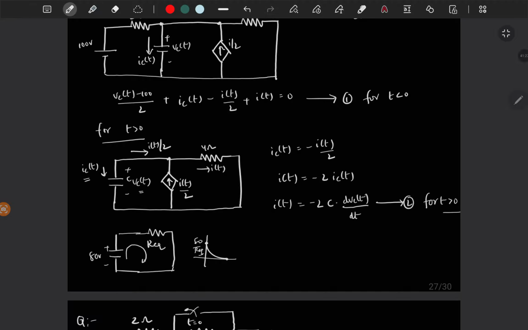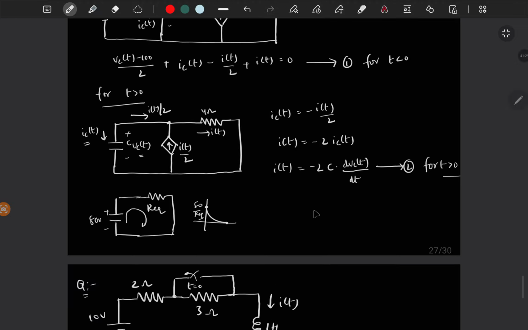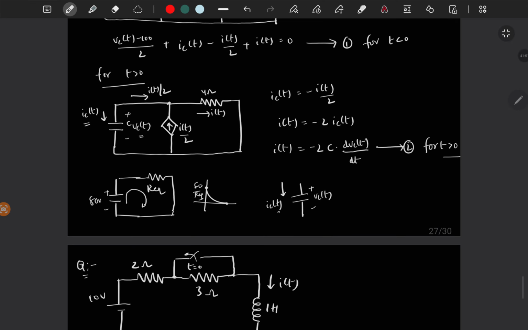So in general, if this is capacitor voltage, you have to take the capacitor current in this direction into the positive plate of the capacitor. But we are getting opposite here, right? That will be explained here. So Vc of t is e power minus t by tau, right?